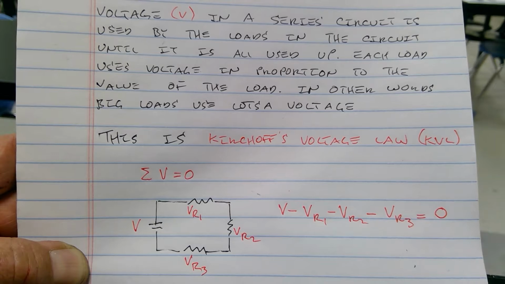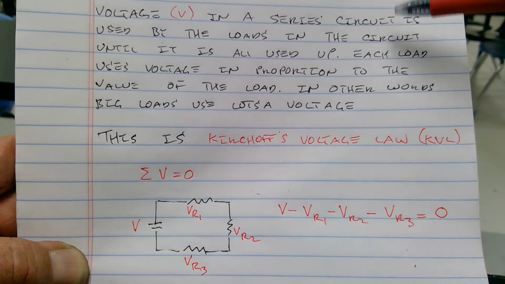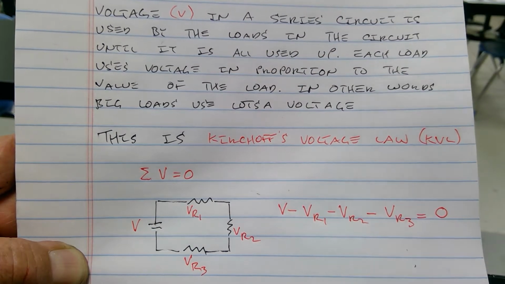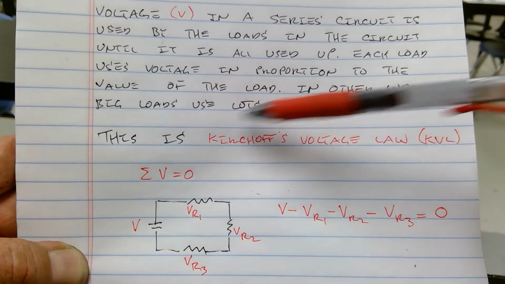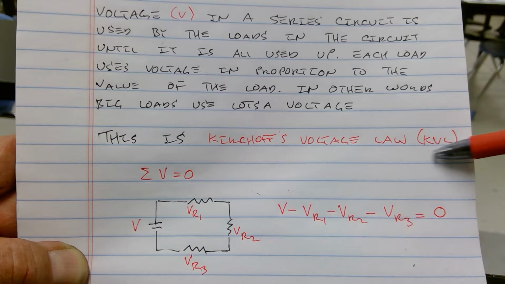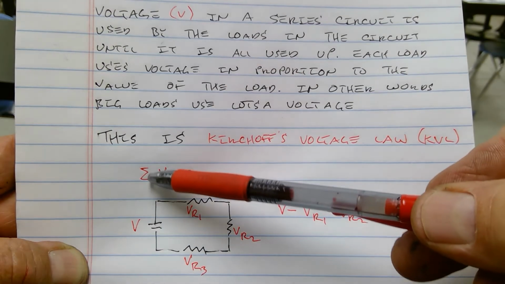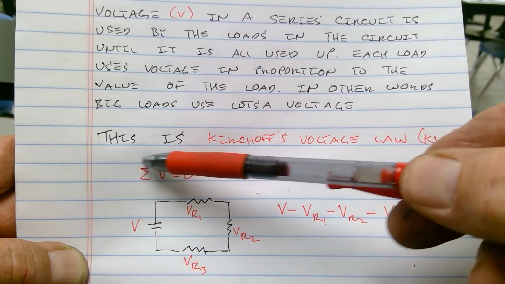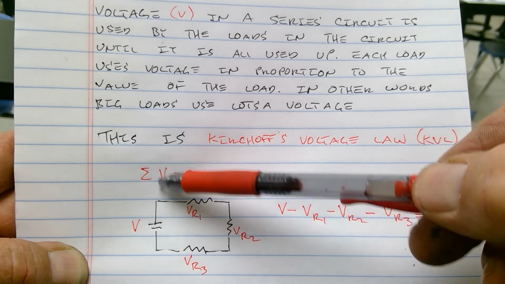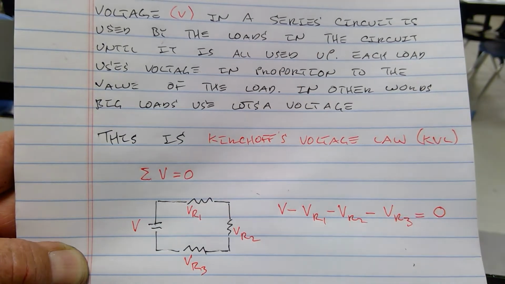So next is voltage in a series circuit is used by the loads in the circuit until it is all used up. That is Kirchoff's voltage law, or KVL, which is saying that this Greek letter epsilon, which means the sum of all the voltages, equals 0.